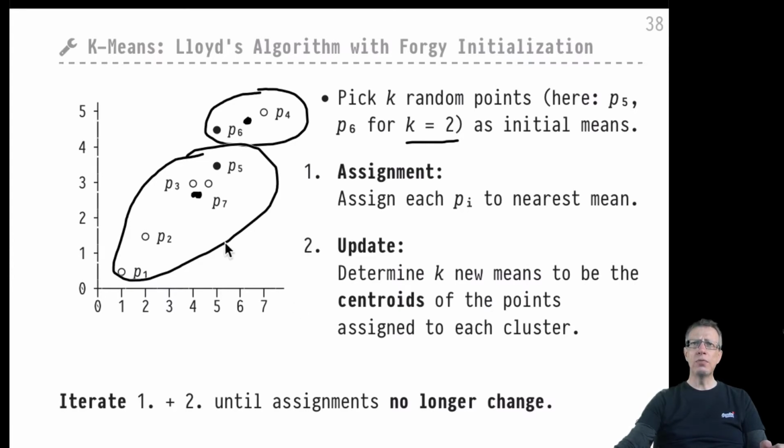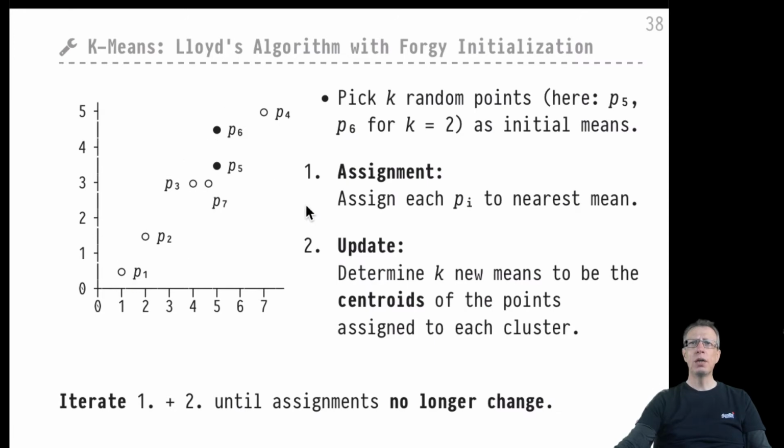So given this initial assignment of points to clusters, compute new means, or as they're called here, new centroids for each of the clusters. Based on these new means, we would then perform a new assignment again, and assign each of the points to their nearest mean again.